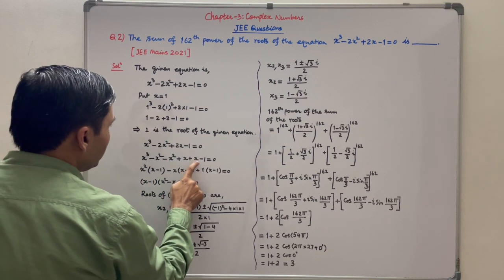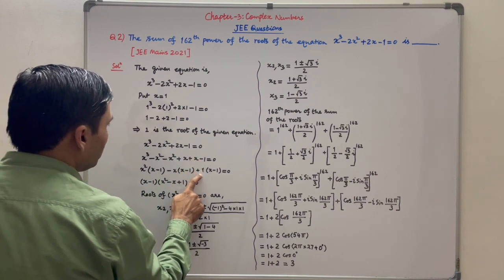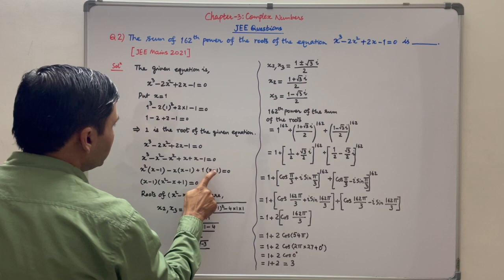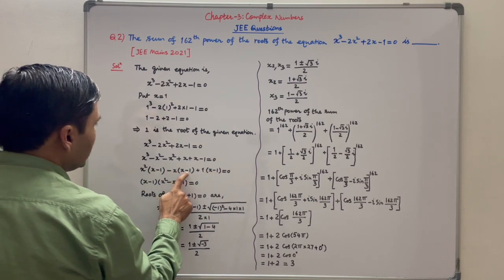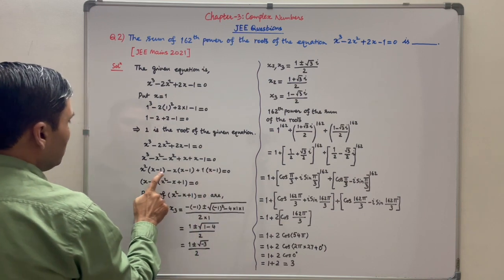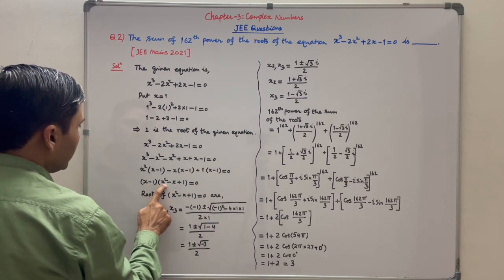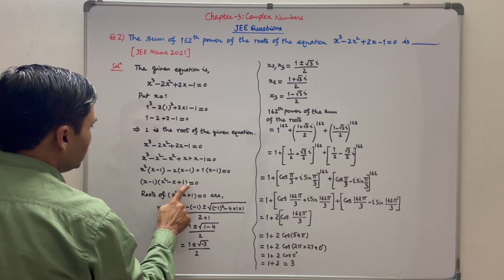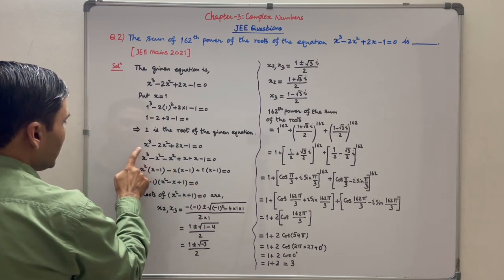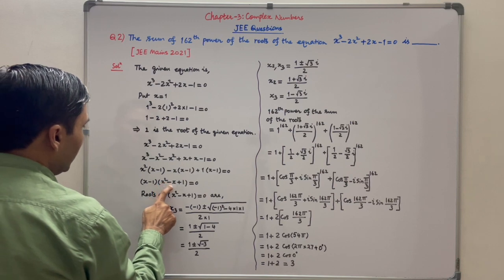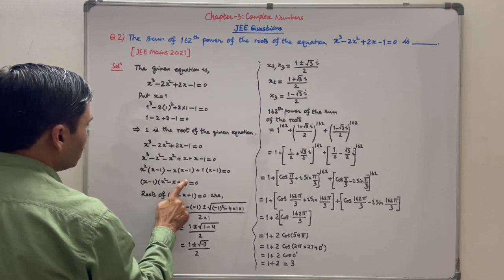And in terms 5 and 6, we can take +1 common, so that inside the bracket it is x - 1. Now we can take x - 1 common in 3 terms. So it will be (x - 1)(x^2 - x + 1) = 0. We have factorized the given equation as (x - 1)(x^2 - x + 1) = 0.